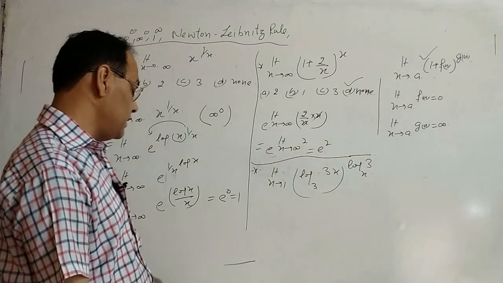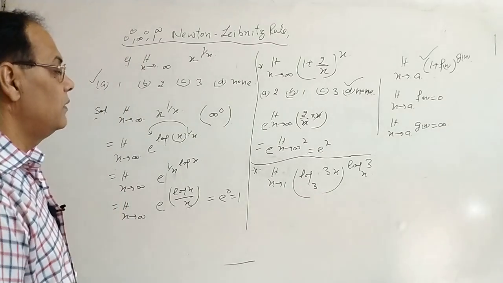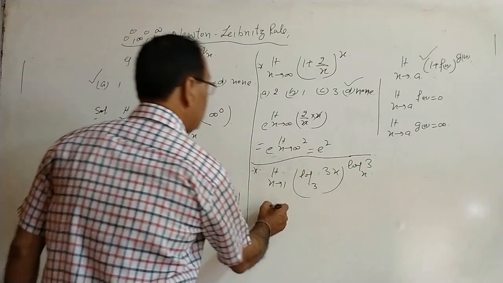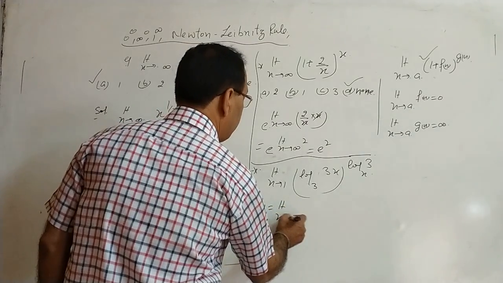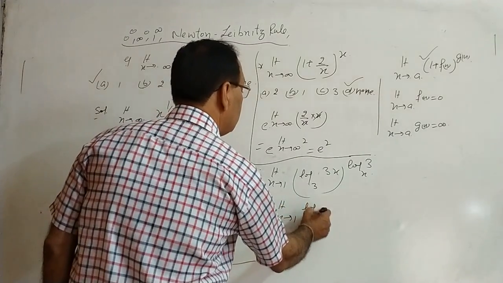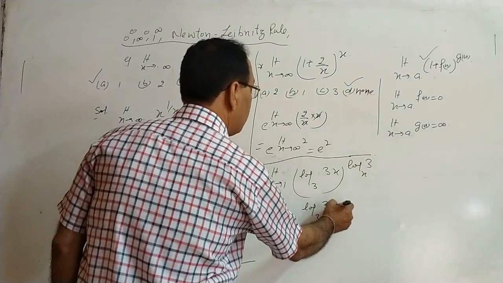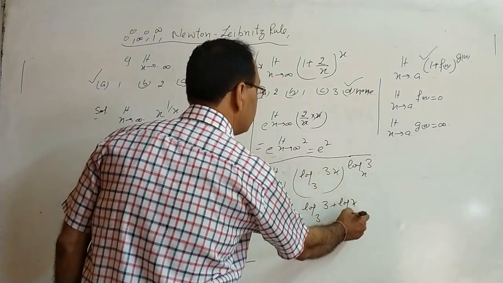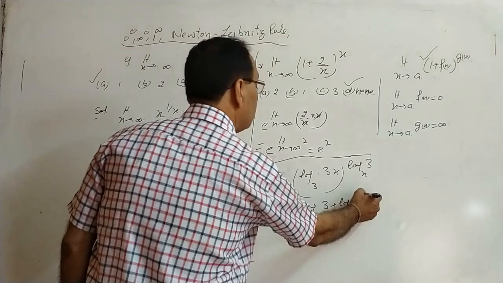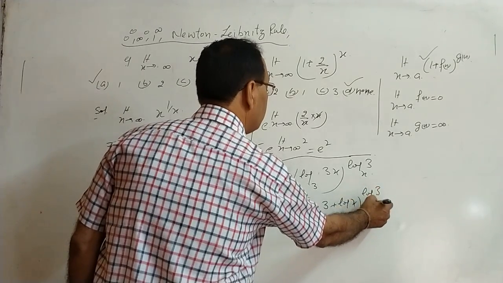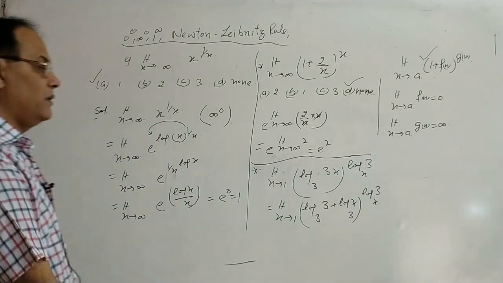Now we have to evaluate its limit also. Can we write this as limit x approaches 1 of log 3 base 3 plus log x base 3, and its power should be log 3 base x?